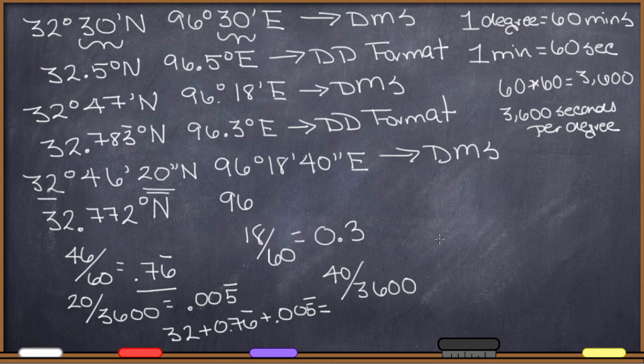Now 40 divided by 3,600 is equal to 0.01 repeating. So now I'm going to add all of that together, and it looks like I would get 96.31 repeating degrees east. So 32.772 degrees north, 96.31 degrees east. This is decimal degree format.